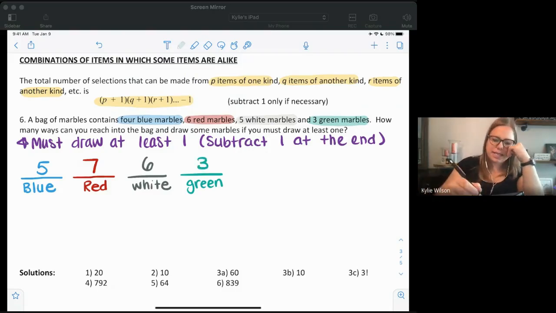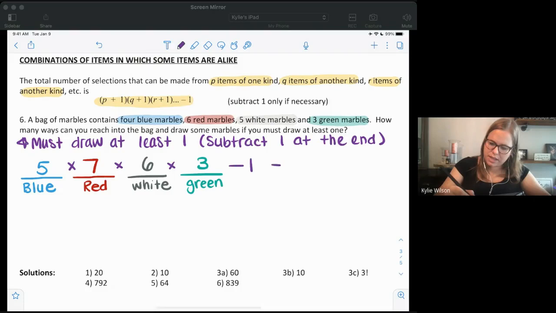Now, I need a choice for the blue marble and the red and the white and the green. I multiply, and then I need to subtract 1 because I have to pick at least 1 marble.